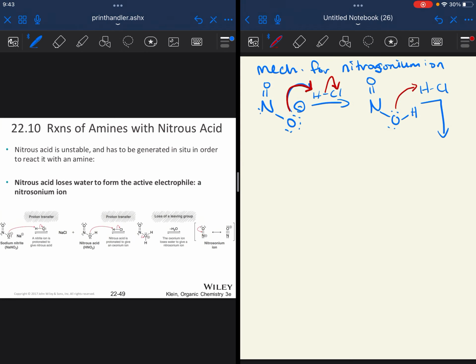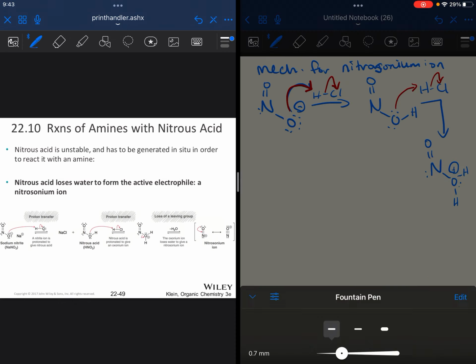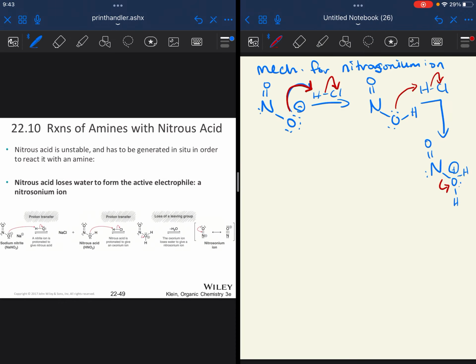And so we're just going to pick up yet another proton. Now that is going to leave us with this protonated nitrous acid. You see water now. That we know is a great leaving group. And it just kind of falls off, and we lose water. And then what you're left with is called a nitrosonium ion.